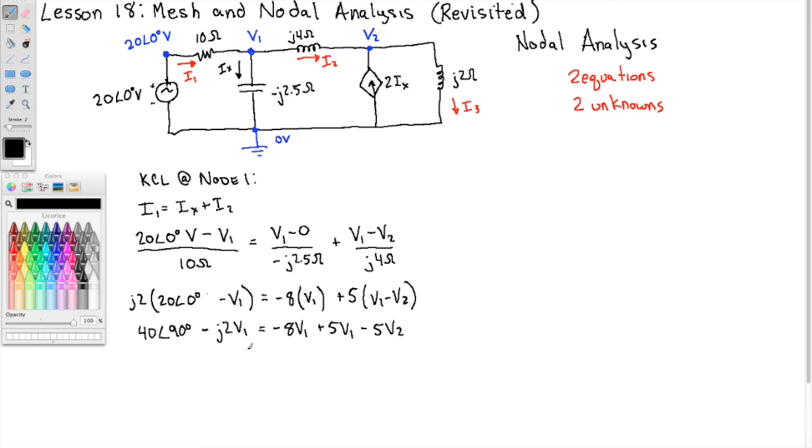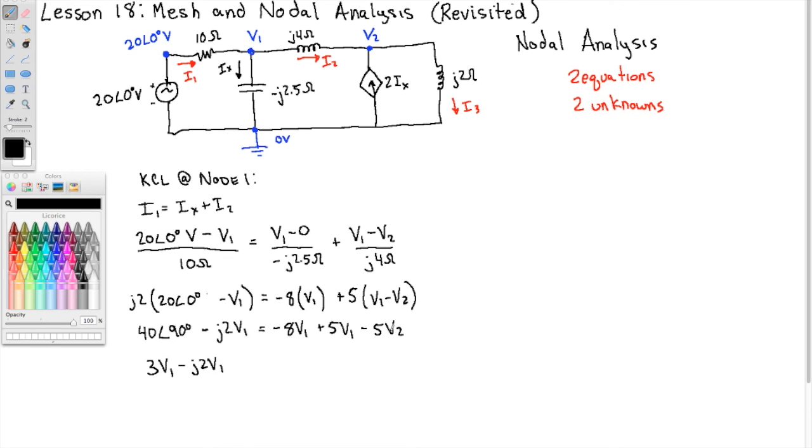Now let's group everything together. I'll put the V1s on the left side. On the right, if I combine the minus 8 and the plus 5, that makes minus 3, and moving it to the left makes 3 V1. And I've got this minus J2 V1.